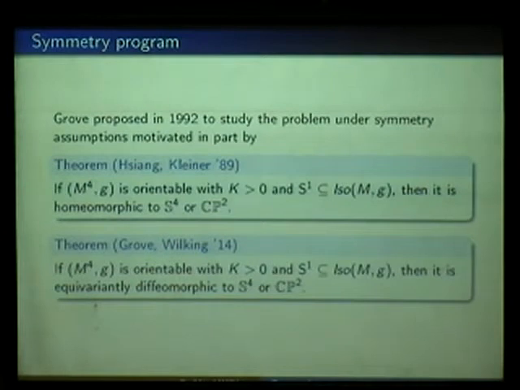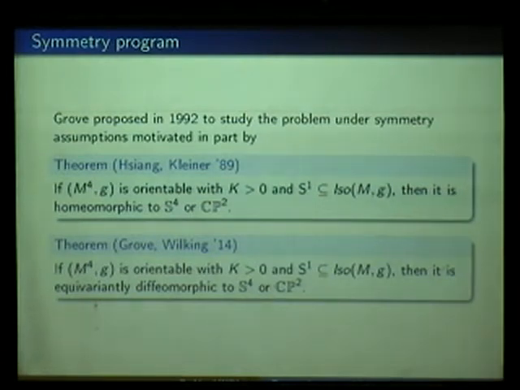And then by Freedman's classification, you just need the right estimate for the Euler characteristic, right, since the manifold is simply connected. Right, so in particular, it cannot be S2 cross S2, so that of course proves the first Hopf conjecture under the symmetry assumption. So if there's an S1 action, then the first Hopf conjecture actually holds, right?